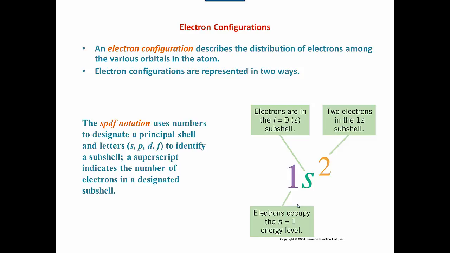There are 2 ways that we can represent an electron configuration. The first way is the spdf notation. We use a number to designate the principal shell, and we use a letter s, p, d, or f to identify the subshell. Then we have a superscript which indicates the number of electrons in a particular subshell.